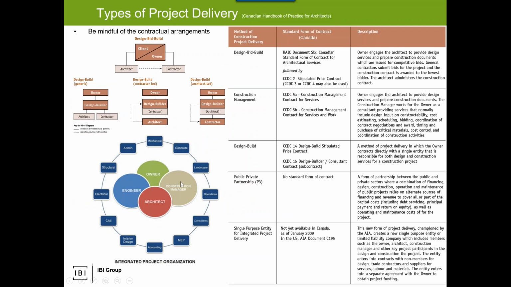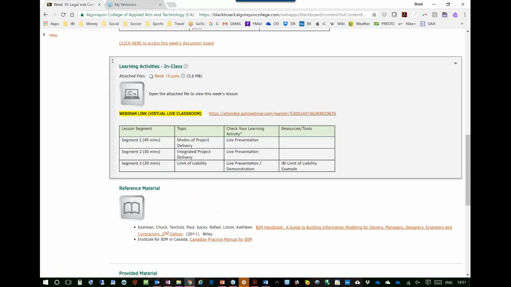So if I give a model to a contractor or an owner or an engineer, we're all in the same IDP contract, essentially in the same legal entity or virtual entity, if you will. We're not going to have that issue. But in this world here, because it's either contractual arrangements or cascading contractual arrangements, we want to make sure that digital turnover is understood as to why things are being turned over.